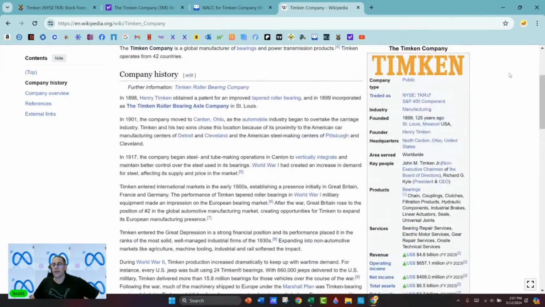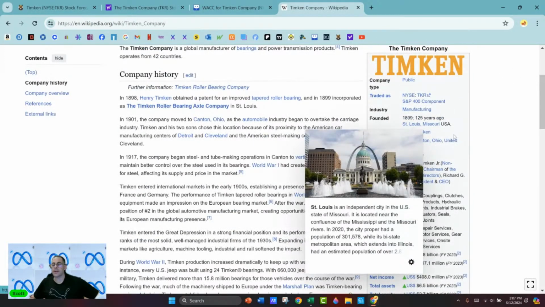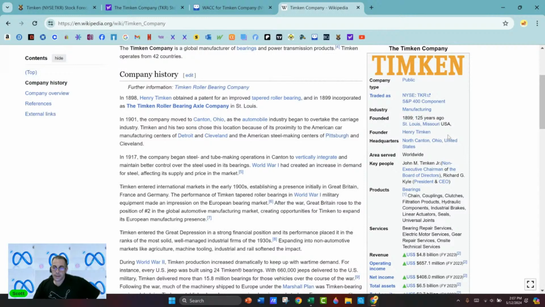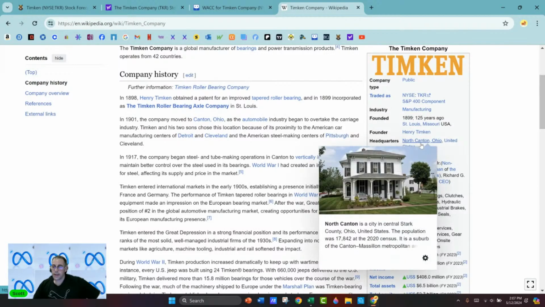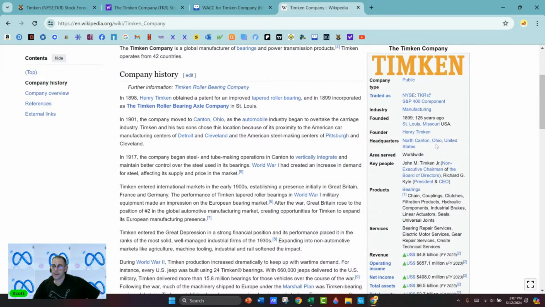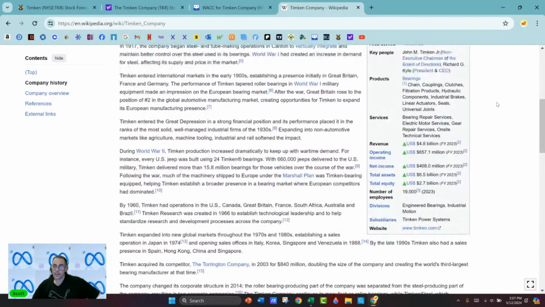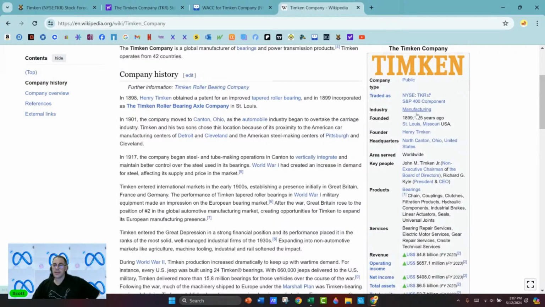Okay, they're from St. Louis, Missouri, or Canton, Ohio. They've been around a long time, so they've been operating in 3 separate centuries: the 1800s, 1900s, and 2000s.